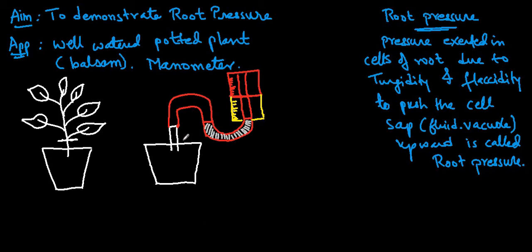Now here, when we cut the stem, at that time water was absorbed by the plant and it is continuously absorbing the water because of the process of transpirational pull from the leaves. But when we cut it, the absorption is still going on. This absorption of water which is still continuing into the roots, coming out from the stem, and it oozes out from the cut part of the stem, puts a pressure on the mercury.